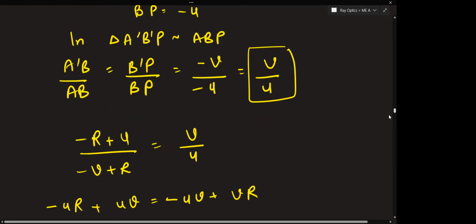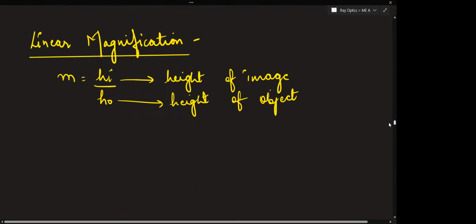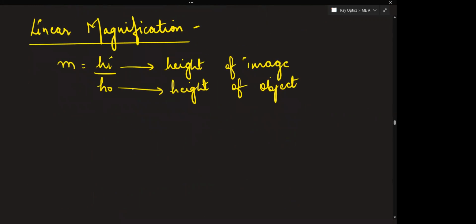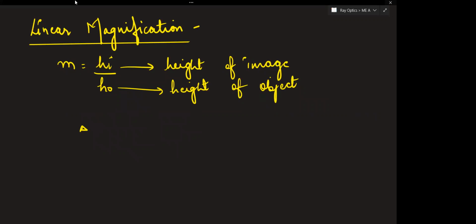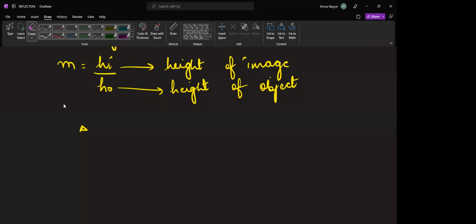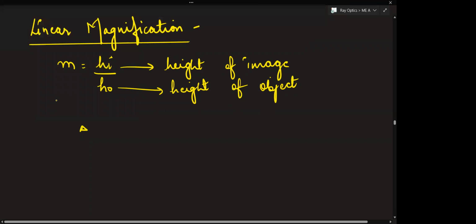What will be the linear magnification? If you are asked to write about linear magnification in your examination, then you have to draw that figure, because we are writing it in continuation of that figure only. Though the derivation will usually come for the mirror formula only, if it comes, then you have to draw that figure and directly start.